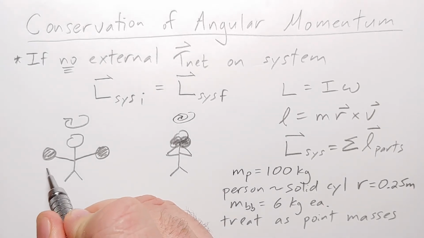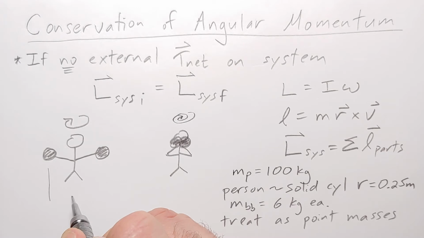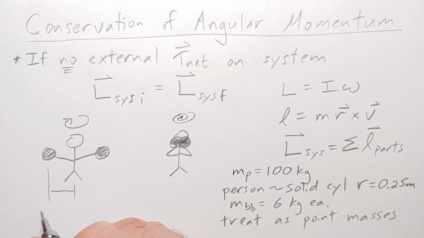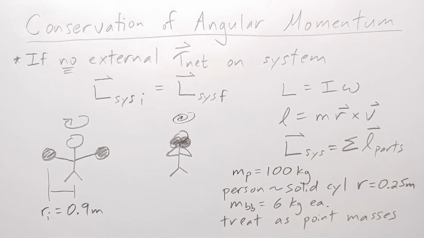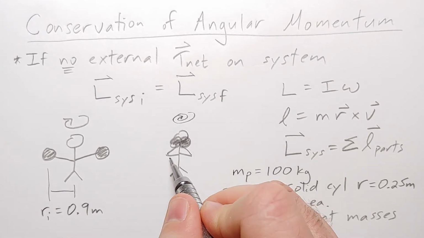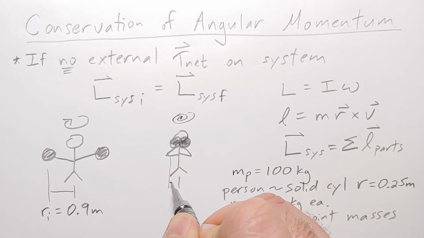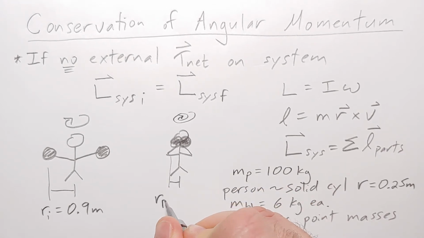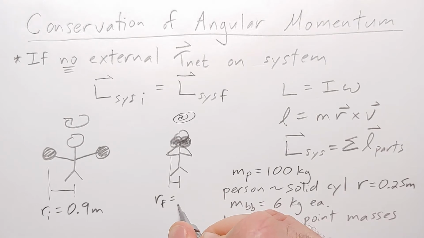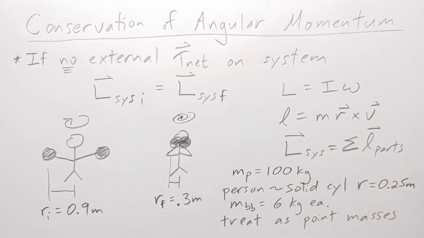And we will assume that the bowling balls in the beginning started at a radius of 0.9 meters, and at the end the bowling balls have a radius of 0.3 meters.